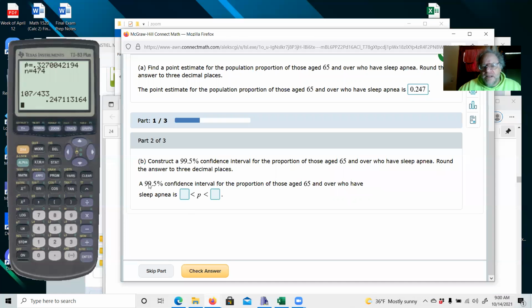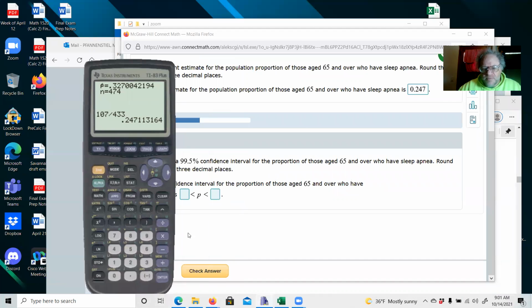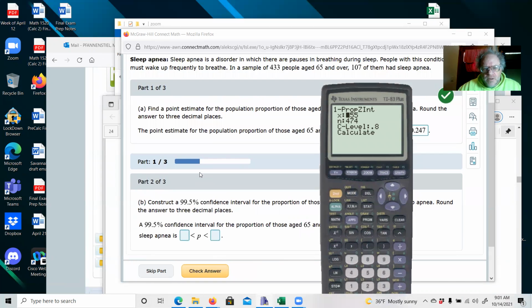Beautiful. 99.5% confidence interval. Okay, that's what they want. So we're going to go to stat tests. We want 1 proportion Z interval. Enter that in. What do we have here?